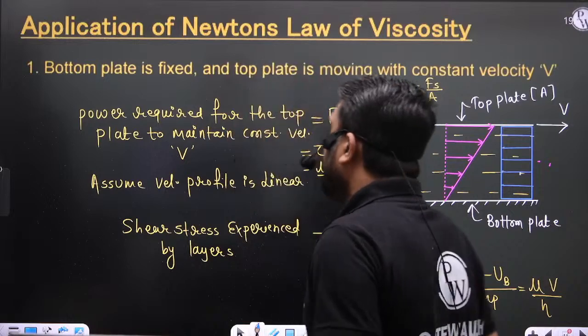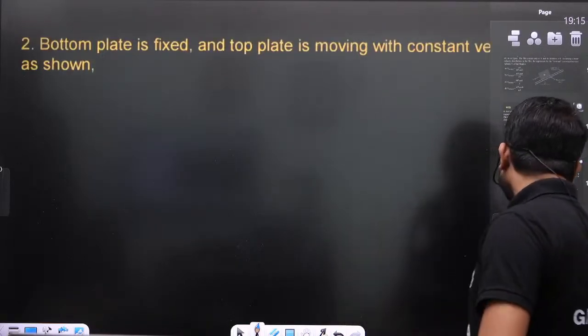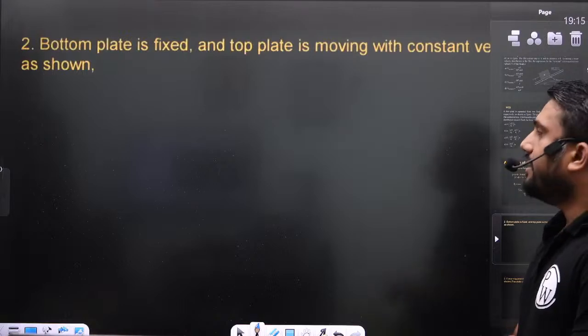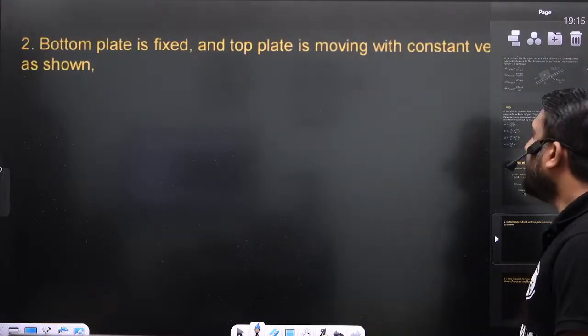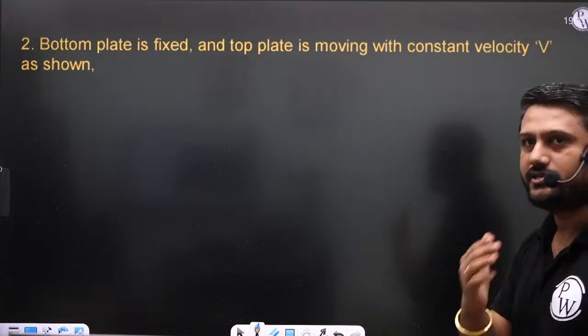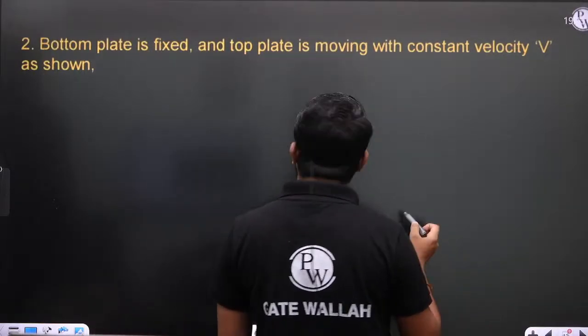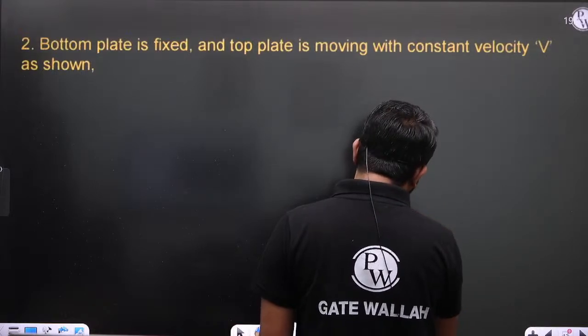Okay, now come to the next case, right? Again, what I'm assuming here, the bottom plate is fixed and the top plate is moving with constant velocity v, as shown. Now come to the next case, which is case number 2.